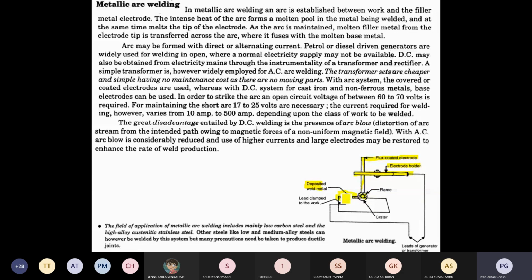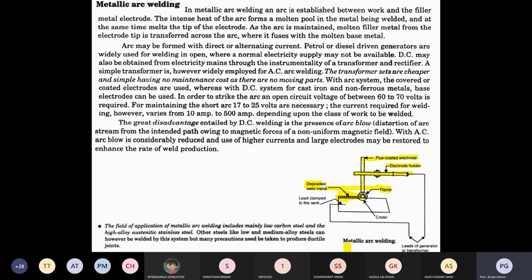Here you can see that it will be melting and coming to your workspace. It is your flame. As your arcing is developed, the flame will be there. Due to the arcing and the flame, your filler material, that is the electrode, will melt automatically and run just above your workspace. Whatever welding you require, we can use.